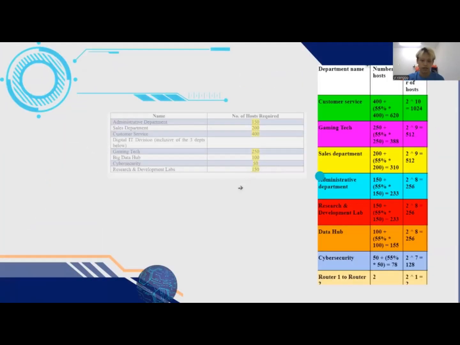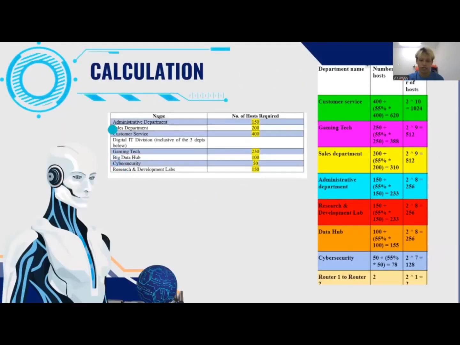This is our calculation and the hosts required. In location A, the admin department needs 150 hosts, the sales department needs 200, and customer service needs 400.